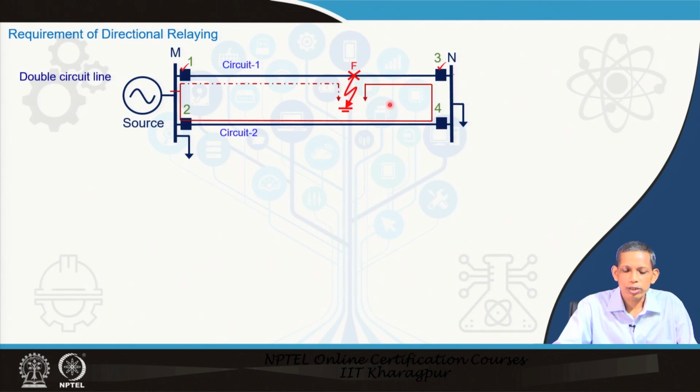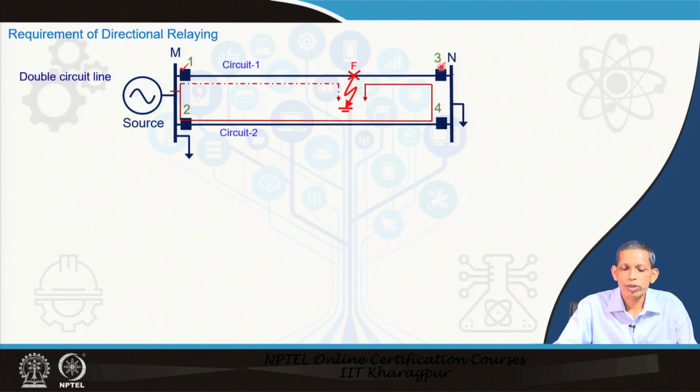To resolve that, we can use the directional principle. We will have a directional relay at 3. If, in addition to the overcurrent relay, you put a directional relay here, then the normal flow of current direction for relay 3 is this, but whenever a fault happens in circuit 1, the current direction is reversed. So, that is the discriminating function, to know the direction of current, which gives you the direction of fault.